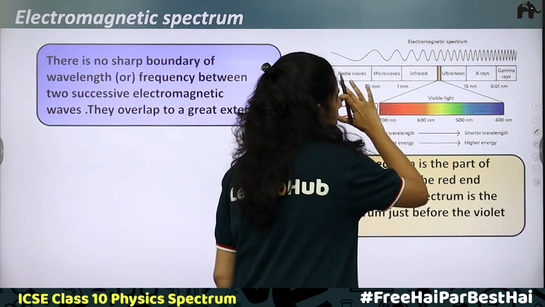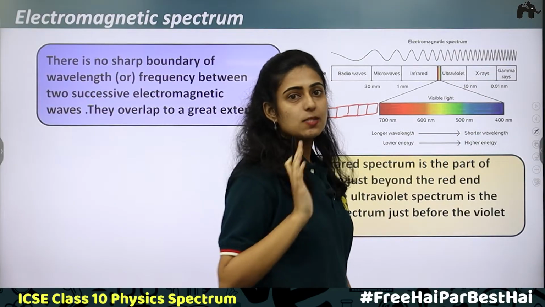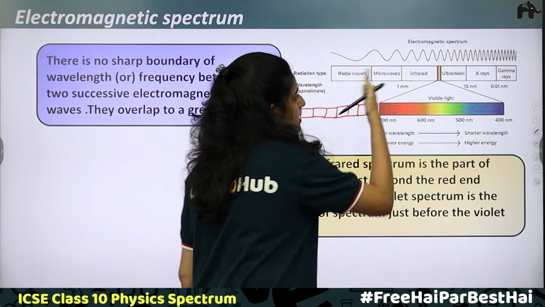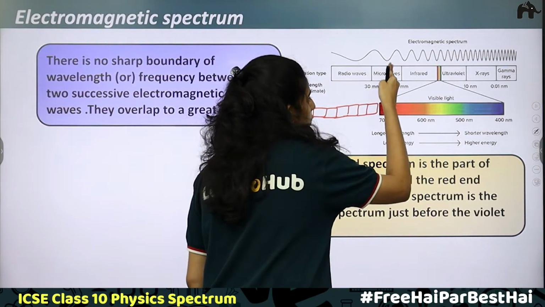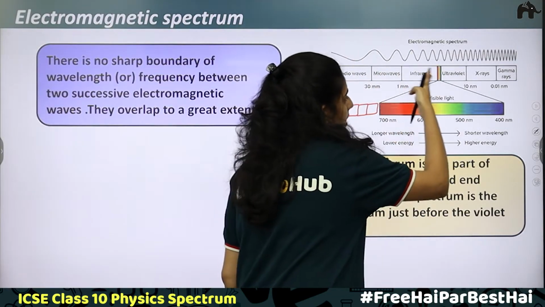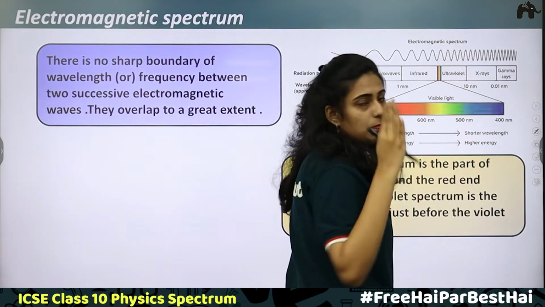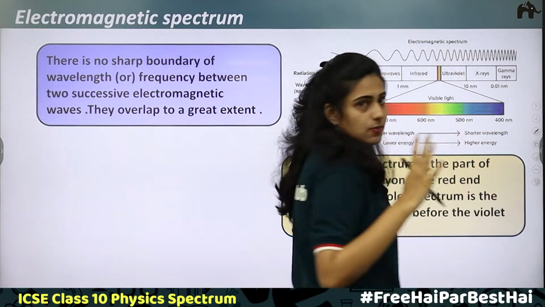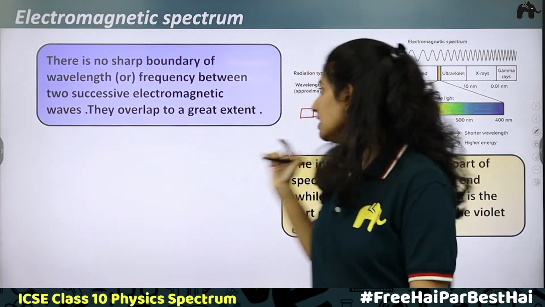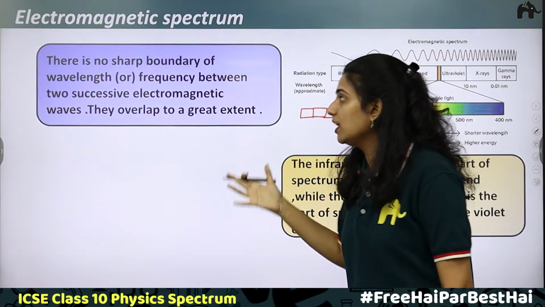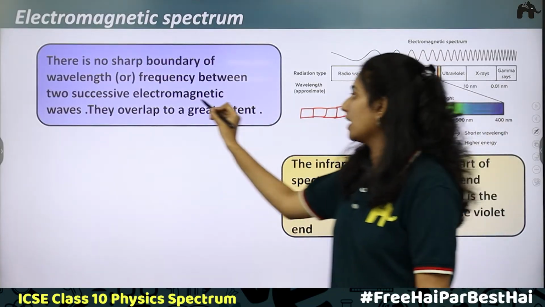Same is the case when the complete electromagnetic spectrum is considered. There are no boundaries between radio waves and microwaves, no boundary between microwaves and infrared, infrared and visible, visible and ultraviolet, ultraviolet and X-rays, and no strict boundary between X-rays and gamma rays. So this is a very important point: there is no sharp boundary of wavelength or frequency between two successive electromagnetic waves.